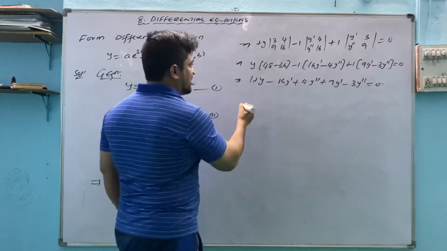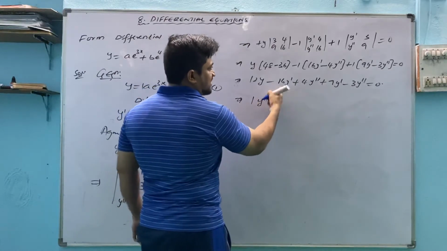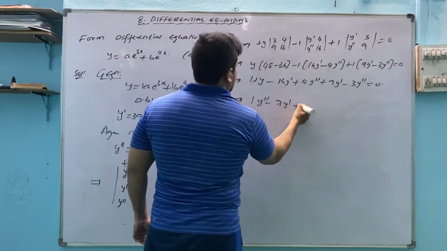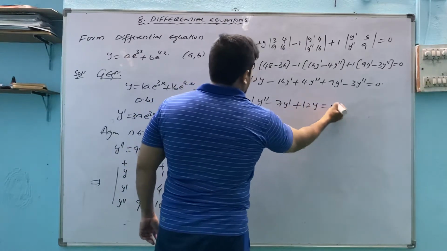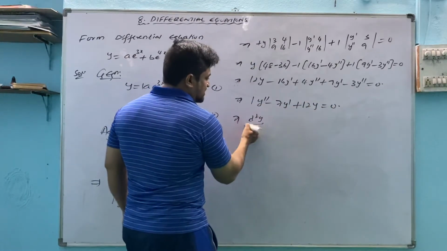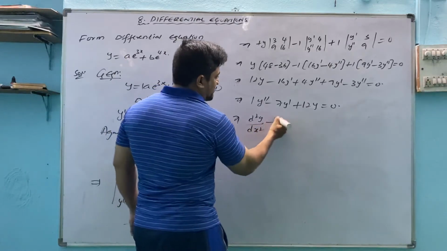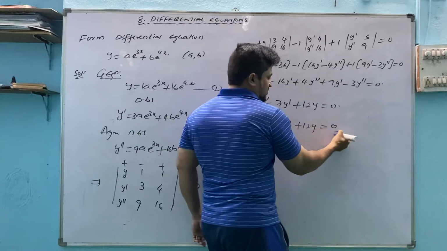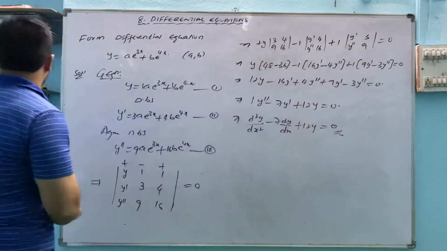Now how many y double dash values are there? 1 y double dash, minus 16 y dash plus 9 y dash, minus 7 y dash, plus 12 y equals 0. You can also write this as d square y by dx square minus 7 dy by dx plus 12y equals 0, which is the differential equation.